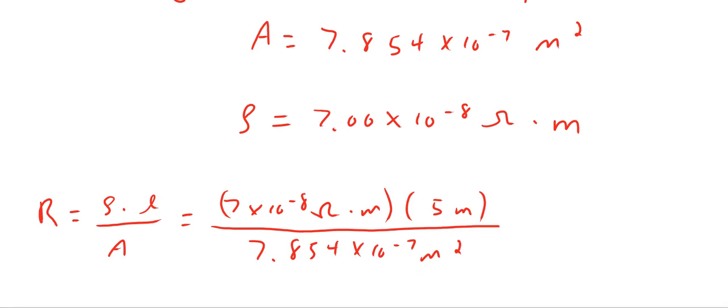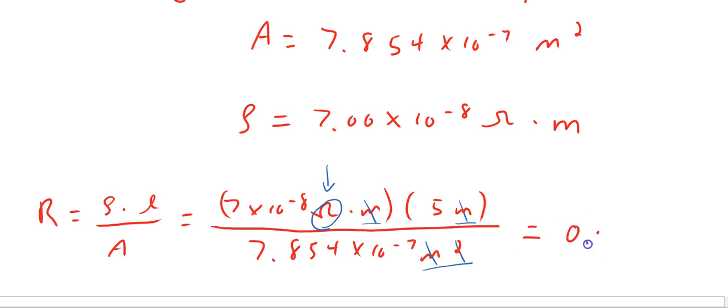Now, as always, the units are important. So in the numerator, we have meters. Meters cancels with meters squared in the denominator. So we will be left with a unit of ohms, which is what we expect for resistance. This should result in 0.4456 ohms.